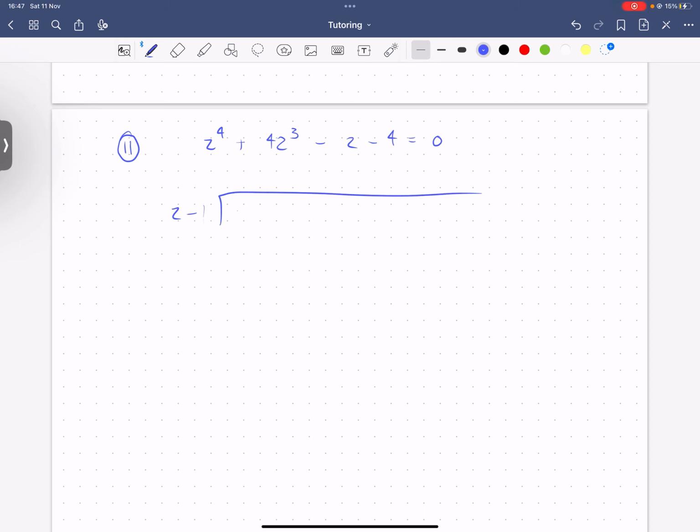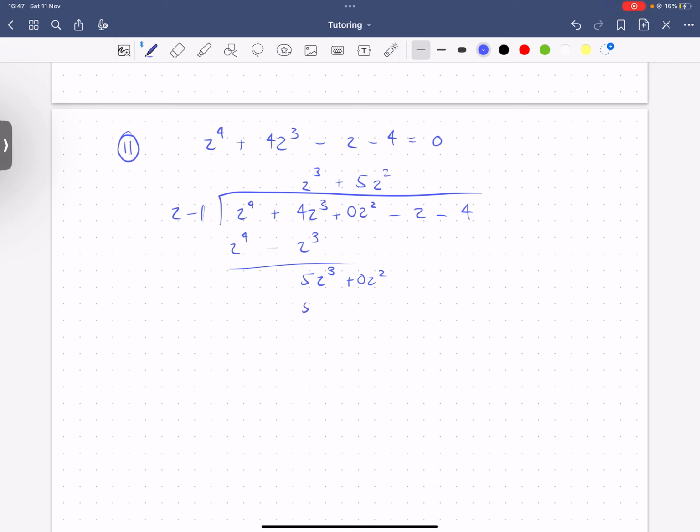We get z to the power of 4, 4z cubed minus z minus 4. Polynomial dividing that, we're going to have z cubed, and then z to the power of 4 minus z cubed is 5z cubed minus z. Up here we're going to have plus 5z squared. And again, you can see I've missed my plus 0z squared, so please don't make that mistake like me. So we bring down our plus 0z squared.